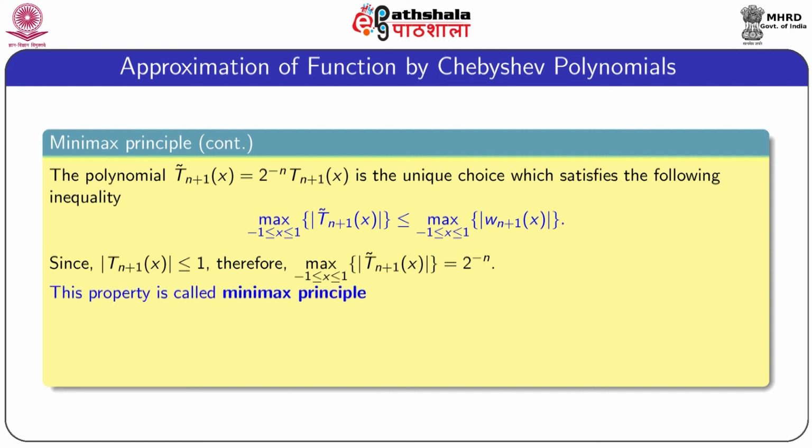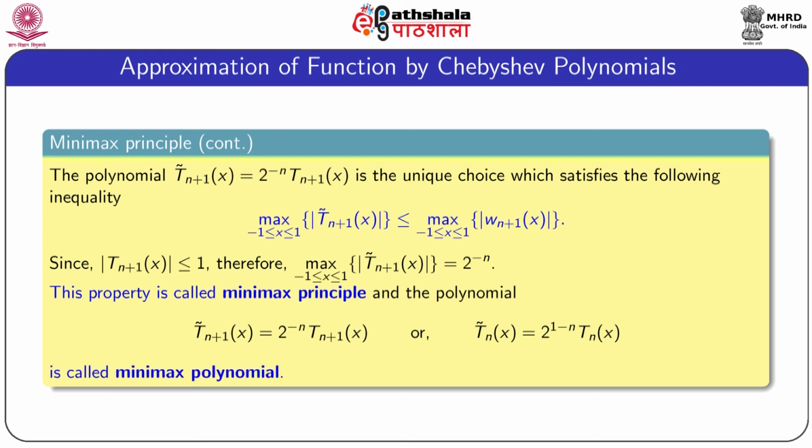This property is called the minimax principle, and the polynomial T tilde n plus 1 of x equal to 2 to the power minus n into T n plus 1 of x, or T tilde n of x equal to 2 to the power 1 minus n into T n of x, is called the minimax polynomial. That means, using this polynomial we show that the error in polynomial interpolation must be minimized.